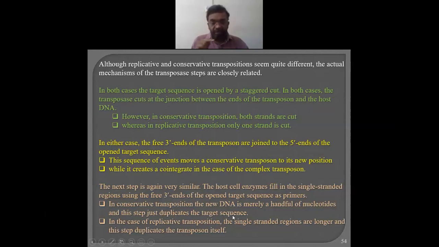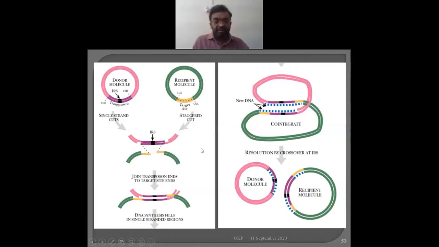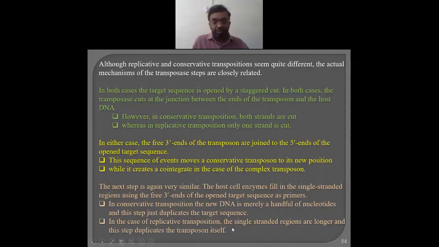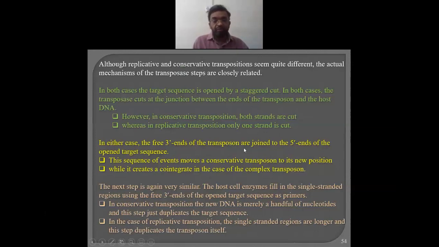While gap filling, only the target site gets doubled, and the transposable element remains as it is. In replicative transposition, the single-stranded regions are longer, a major gap is created, and when that gap is filled, duplication of the transposable element takes place.